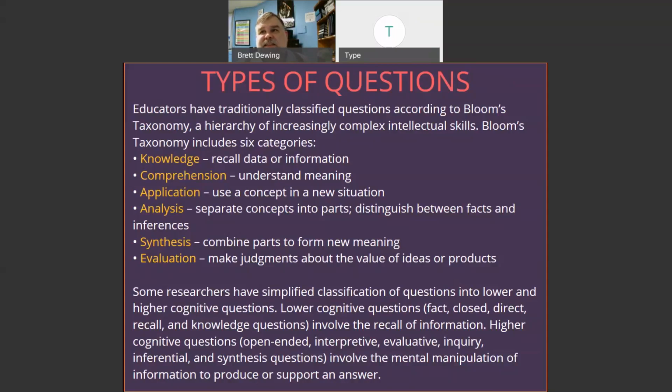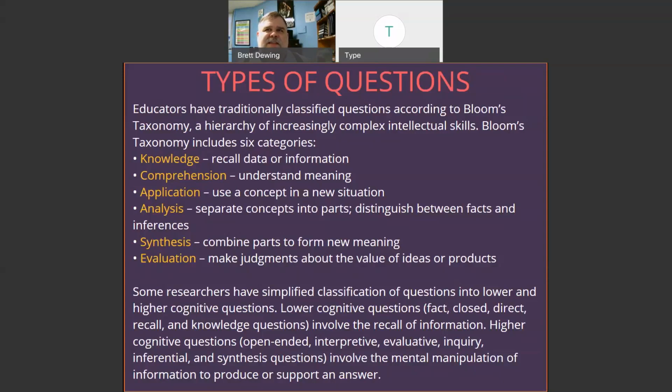Next is synthesis, which is sort of the opposite of analysis in a way. It's combining parts to form new meaning. It's a higher complex intellectual skill. It's very important. You probably do it throughout life without knowing that you're doing it. But combining different parts of your knowledge together so that they mean something new.